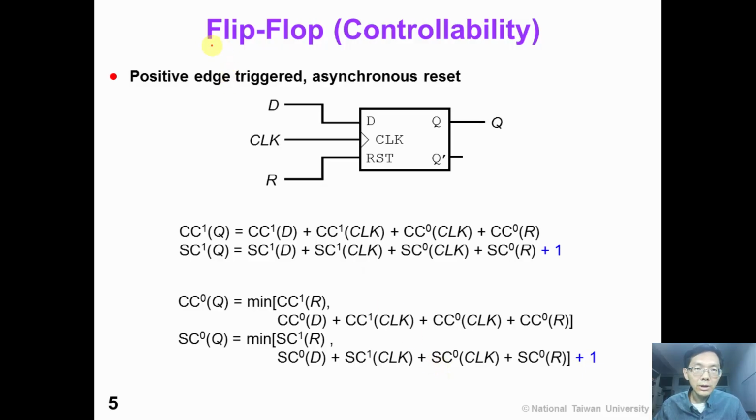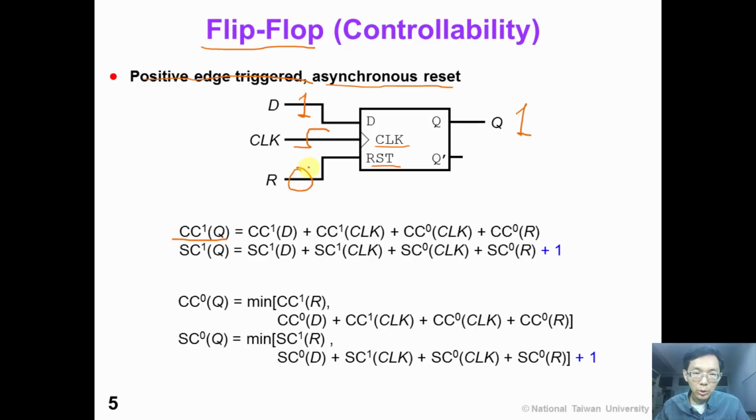In a sequential circuit, we have flip-flops, which we don't have in a combinational circuit. So we need to know how to propagate the controllability through a flip-flop. Assume that this is a positive edge-triggered asynchronous reset flip-flop. If we want to control the flip-flop output Q to 1, we can control the input D to 1, and we have 1 clock pulse.